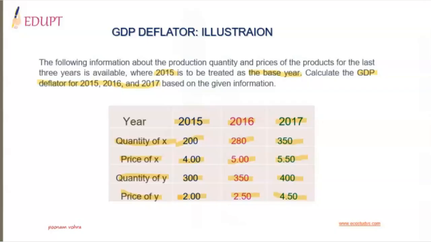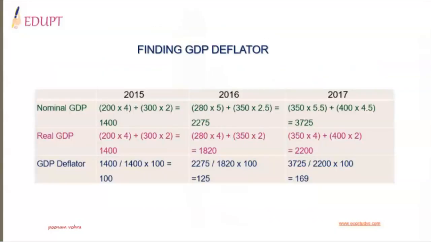Now let's see how do we find GDP deflator. To find GDP deflator, one needs to first find nominal GDP, that is quantity produced and price of X plus quantity produced and price of Y that prevailed in 2015 is taken into account, which is 200 into 4 plus 300 into 2, it is 1400.